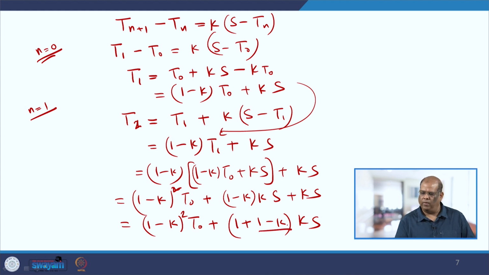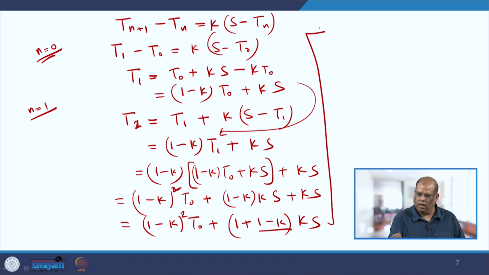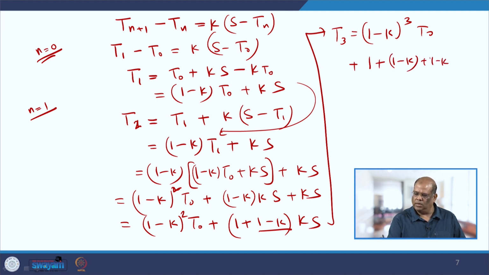Just a way of writing. So, in a similar manner, if I go for T3, this will be (1 minus k) cube into T0 plus (1 plus (1 minus k) plus (1 minus k) square) into kS, and so on.